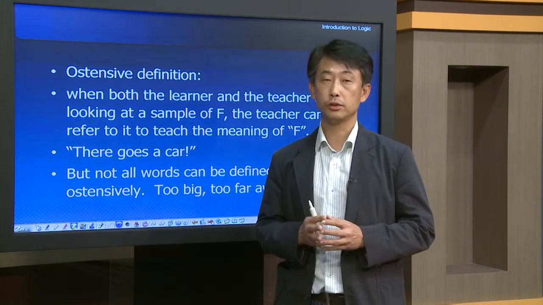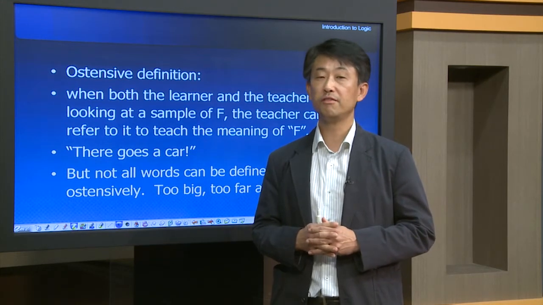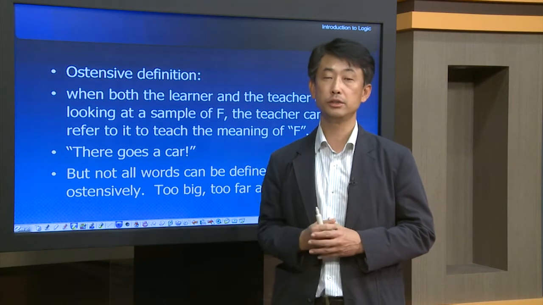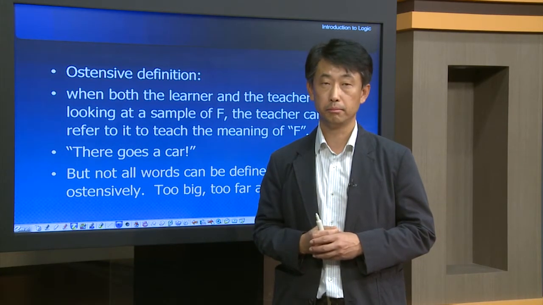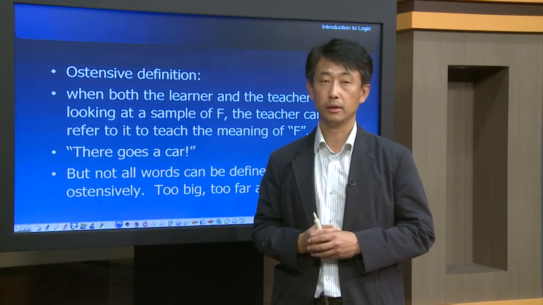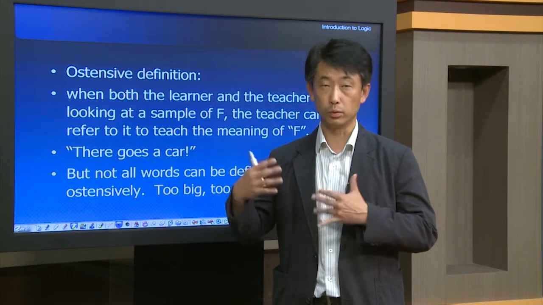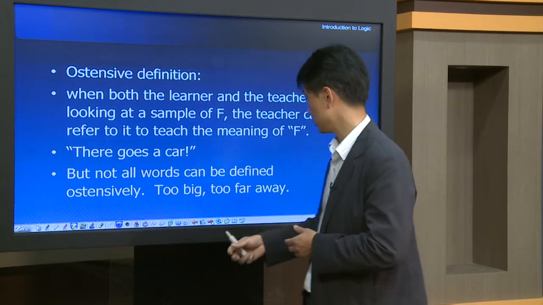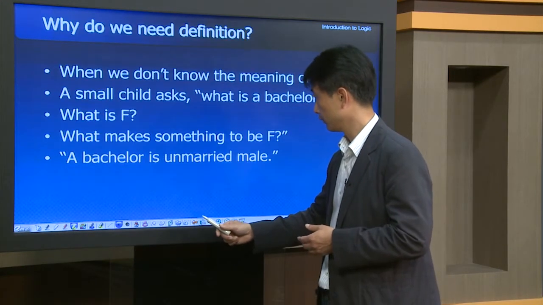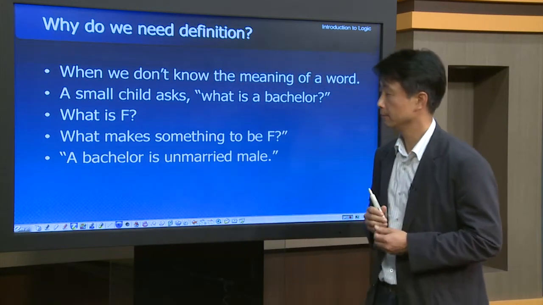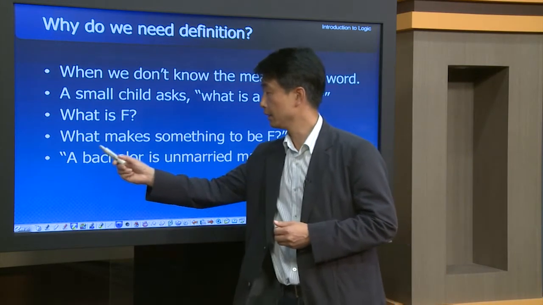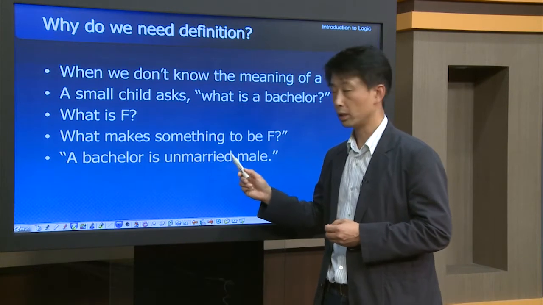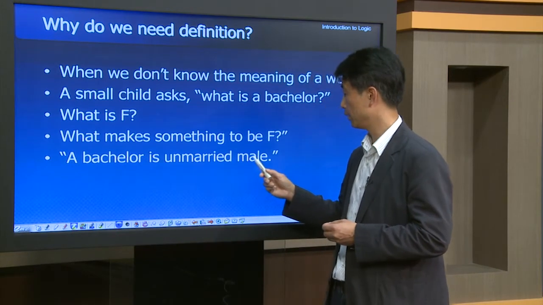In most definitions, we define a term not by pointing at the actual instances of the term, but by providing other words. Okay. We define a term by using other words. Like that. We define the term bachelor by using these two words, unmarried and male.